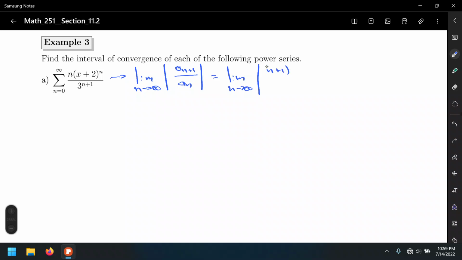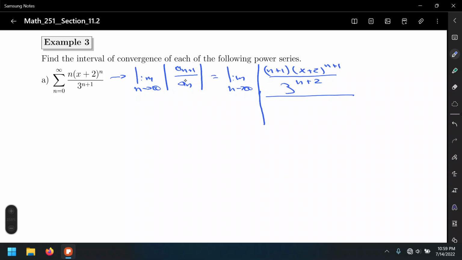So that's the limit as n approaches infinity of the absolute value of n plus 1 times x plus 2 to the n plus 1, divided by 3 to the n plus 1 plus 1. Isn't that going to be 3 to the n plus 2, really?